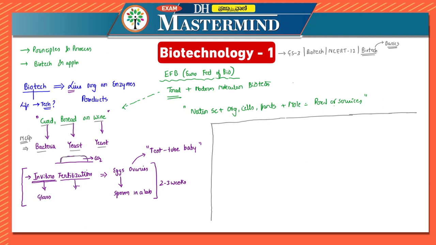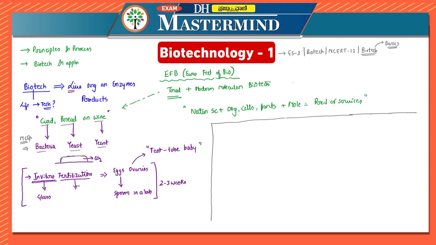Then we saw that the proper categorization under biotechnology would be an example of in vitro fertilization. We saw what in vitro is, and then eggs are collected from the ovaries, and fertilization takes place by sperm in a lab. The baby which comes out of it is a test tube baby, and hence this is in vitro fertilization. Till then we saw the European Federation of Biotechnology giving a definition for biotechnology.